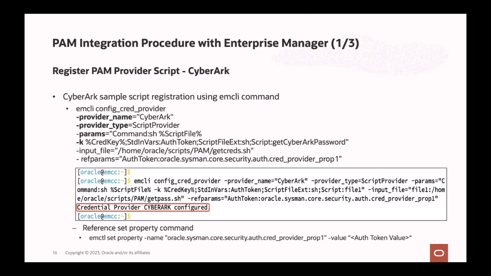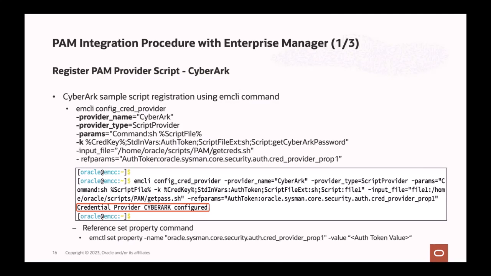And then we have the hyphen params option. We have specified how the script will be executed and the command used to execute the script here, which is the shell script. The arguments to the script are credential key and auth token. Here, the custom script I've placed in a certain location, which I'll be passing as an input file parameter.